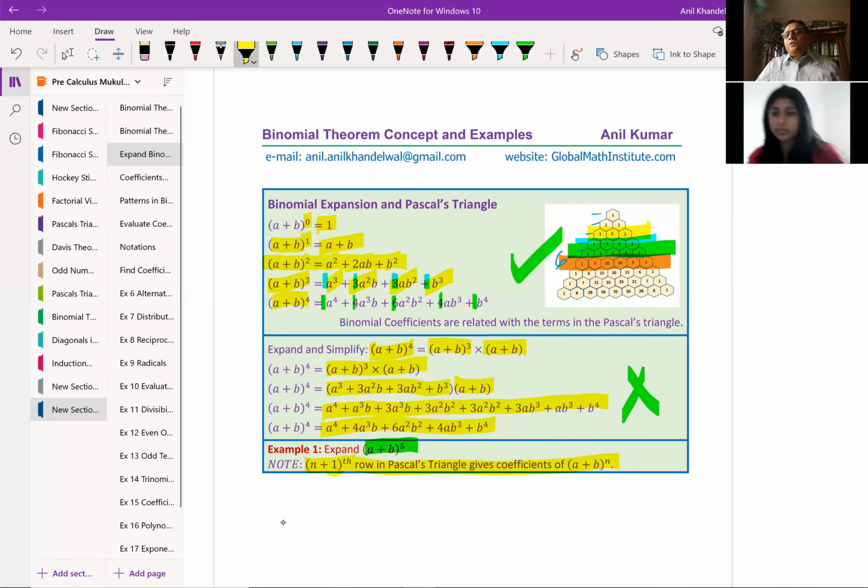This is a very important thing to note: if you have a Pascal's triangle, then for (a plus b) to the power of n, just count the number of rows. The (n plus 1)th row will give you all the elements corresponding to the coefficients.